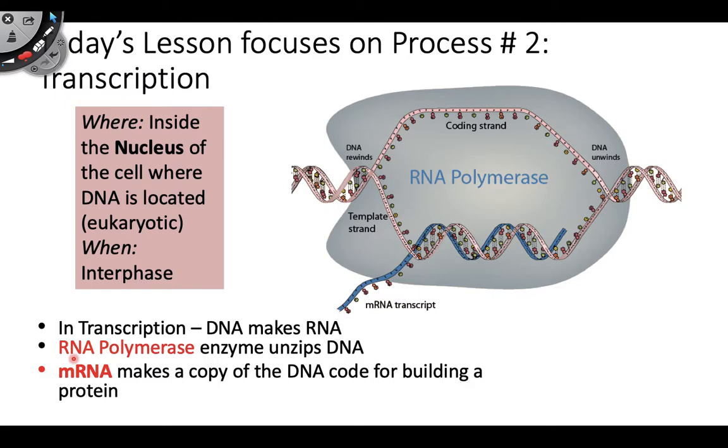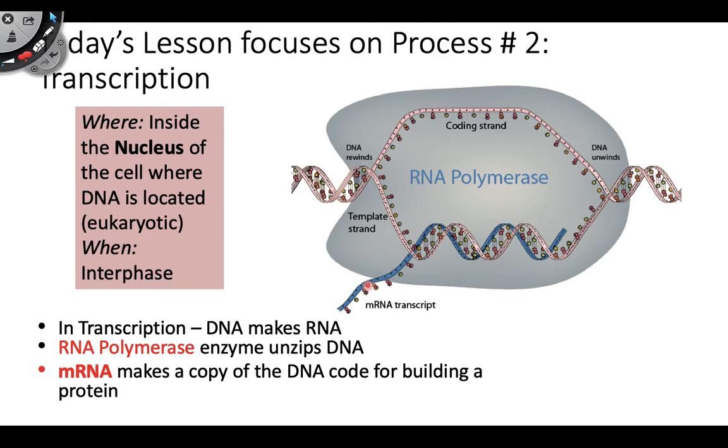The enzyme is known as RNA polymerase, and it's the enzyme that unzips the DNA, but also adds the bases for the new RNA transcript that's being made. So mRNA makes a copy of the DNA code for building a protein. So here we see how one template of DNA in pink is being used to make one copy of RNA, which is single-stranded, in blue. So RNA is copying the genetic code from DNA.